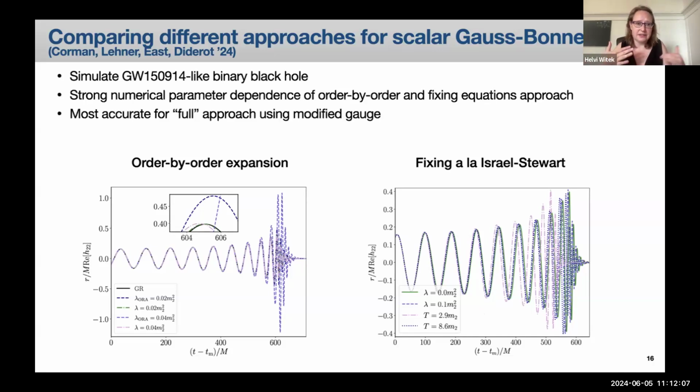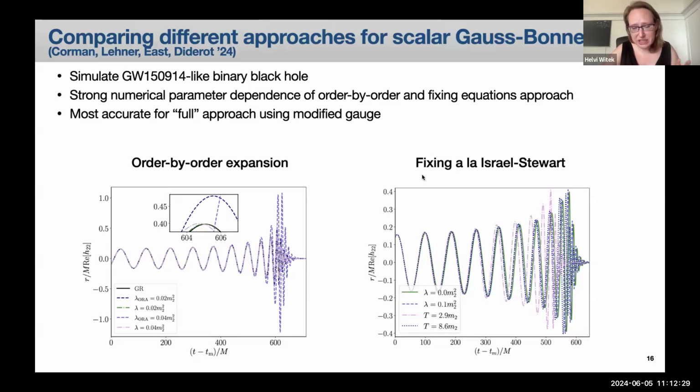So as an upshot, what we can see here explicitly is that there's a strong dependence on numerical parameters, both in the order by order expansion and this fixing approach, and that the most accurate approach, if it's available, is really using this modified gauge condition that gives us the most accurate evolutions.